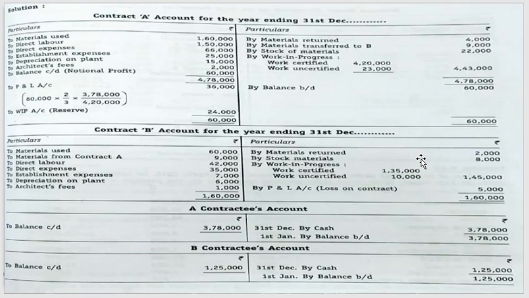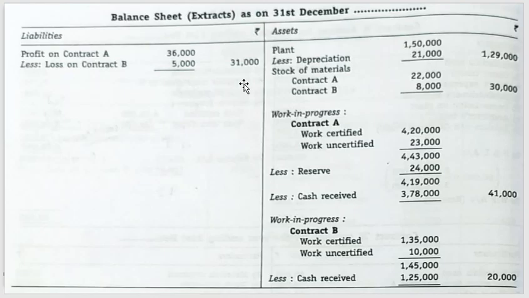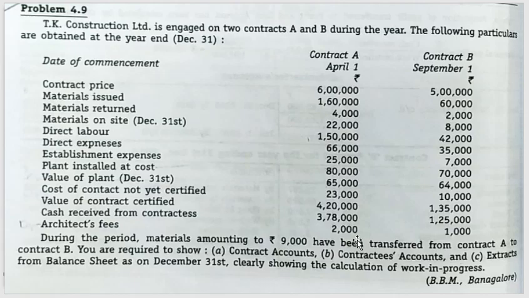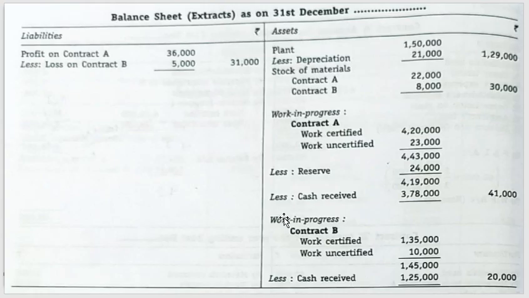The amount transferred to reserve for contract A is 24,000. So 24,000 will be minused. Then we will get a balance of 4,19,000. This 4,19,000 will be reduced by the cash we have received. The cash we have received as per the question is 3,78,000. So 3,78,000 will be minused. So the balance is 41,000, which is an asset which has to be received for the contract.